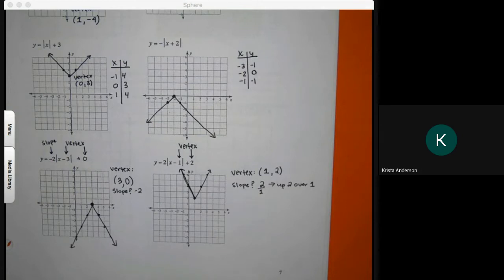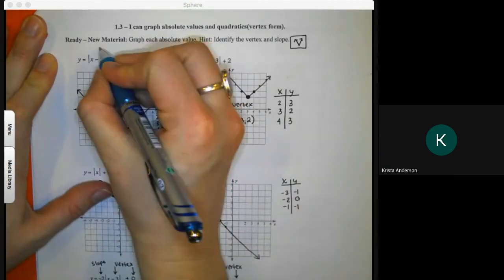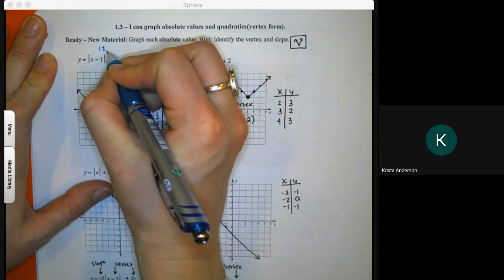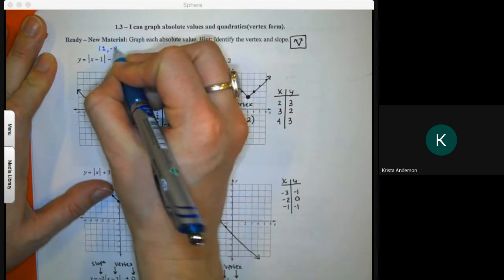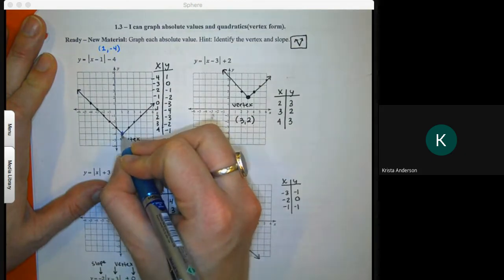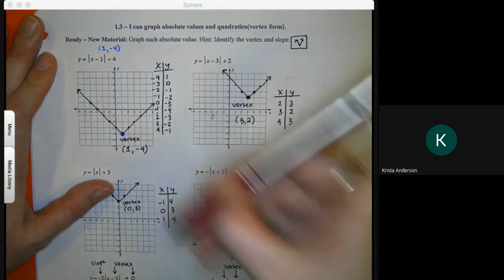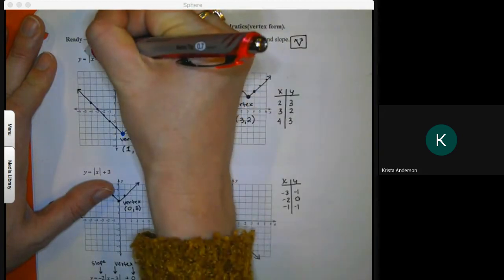Can you do the pattern on these other ones? Like write it in? Like, just look for the vertex and that's it? Yes. And the slope? For this one, the vertex is 1, -4. And then the slope, see how there's no number in front?